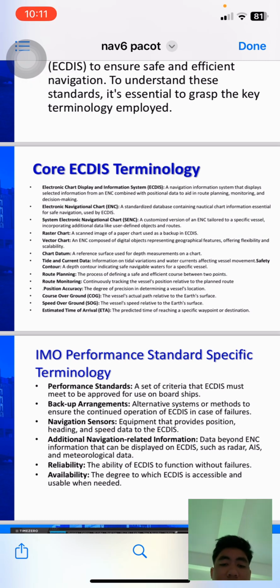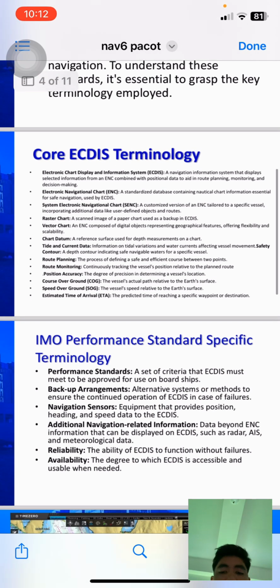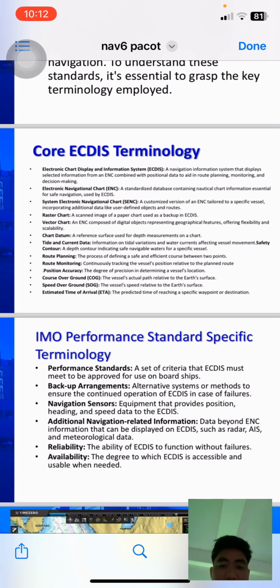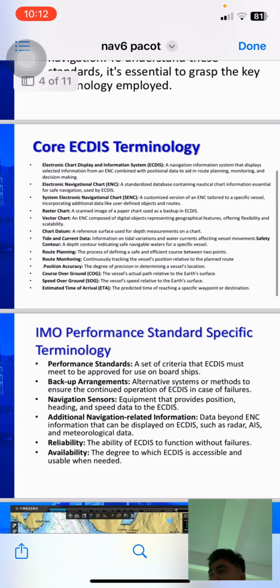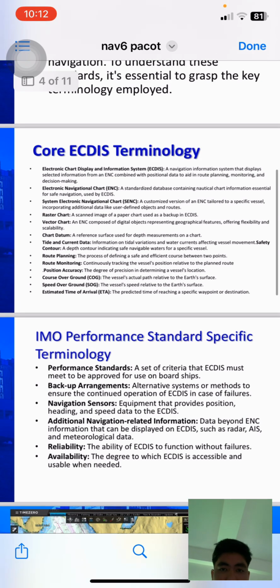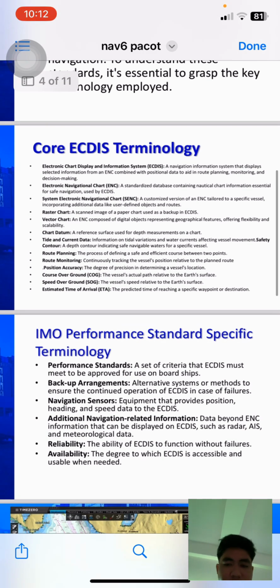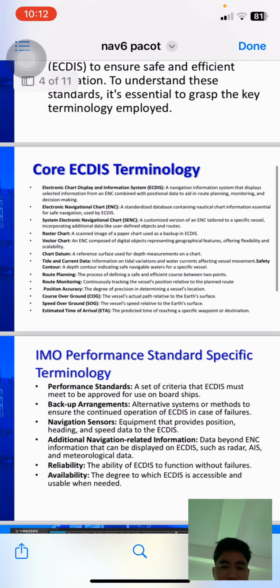Second, we have the electronic navigational chart or ENC, a standardized database containing nautical chart information essential for safe navigation, used by ECDIS. For the use of this instrument, we have to follow the IMO standards which we will use for navigational purposes to ensure safety and reliability.